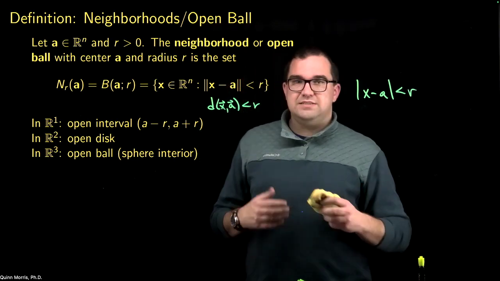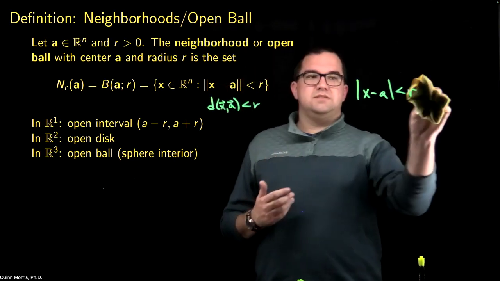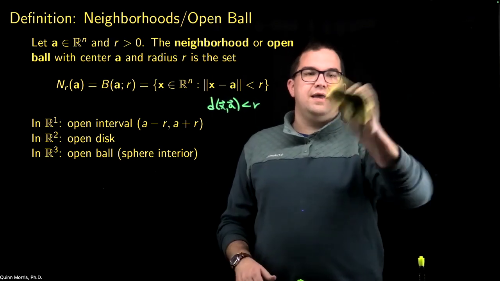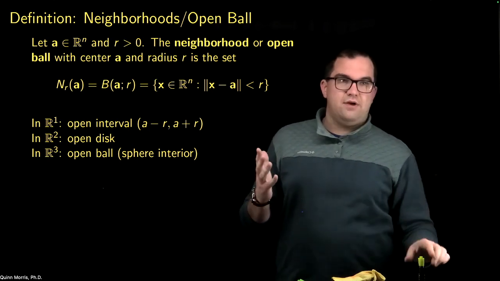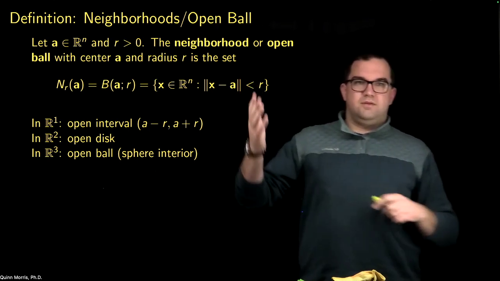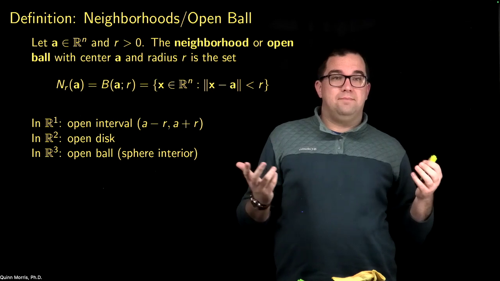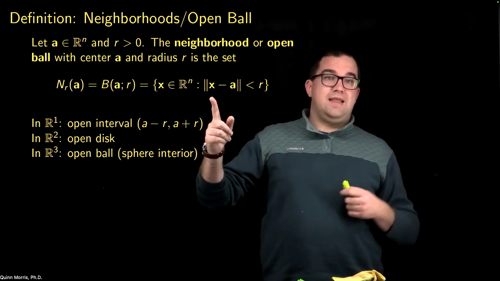So simply by understanding these inner products and norms and metrics on Rn, we can immediately adjust all of our definitions from 5610 to basically work in the same way. And so we can define a neighborhood here.